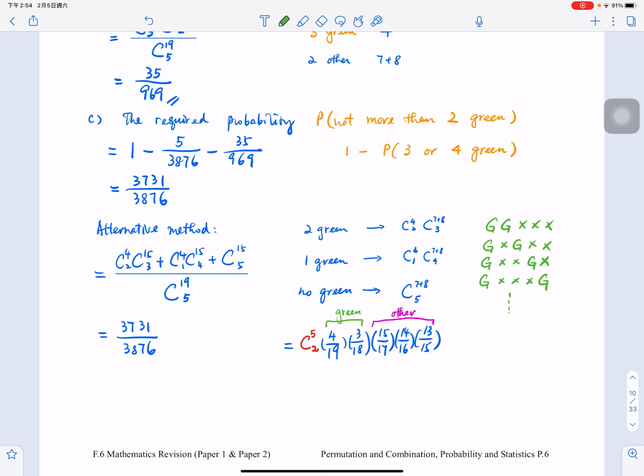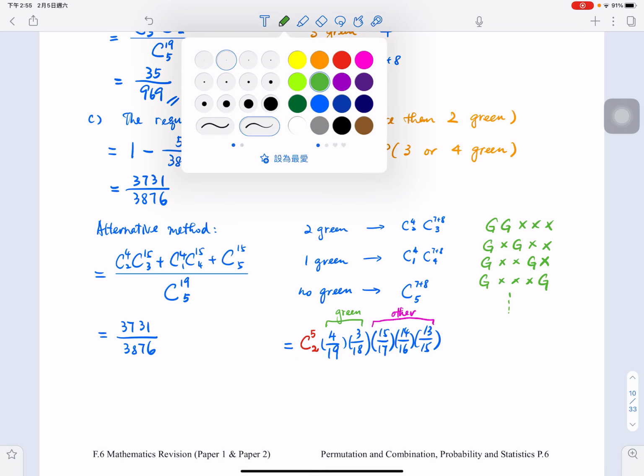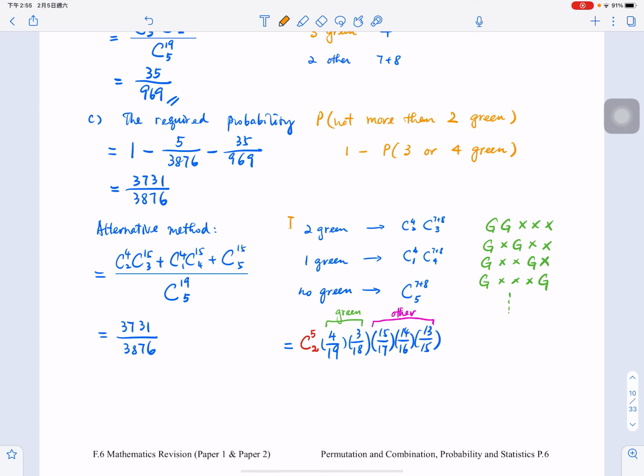Haven't finished yet, and the total is 5C2. This 5, you have 2 green, that means this is the first case. How about the second one? Plus, I will write it for you.